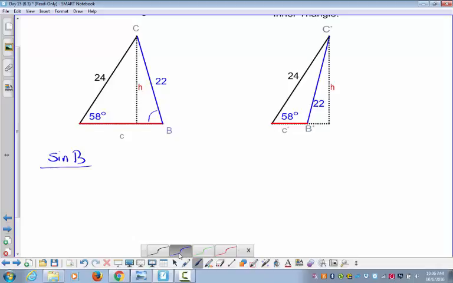So sine of B over side opposite will equal the known side and angle pair. And so that's going to be the 58 degrees and the 22. And we just have to make sure that we're consistent. So I selected an angle to go in the numerator, so we've got to stick with an angle in the numerator on the right. So angles up top and sides down below.